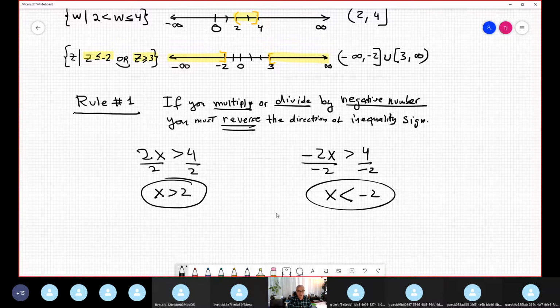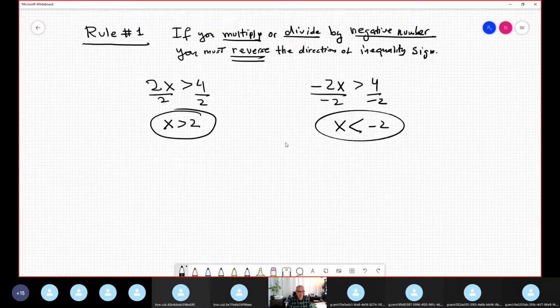Rule number two is easy. Suppose that for some reason you need to interchange the inequality. For example, suppose you have 2 is, I don't know, less than x.